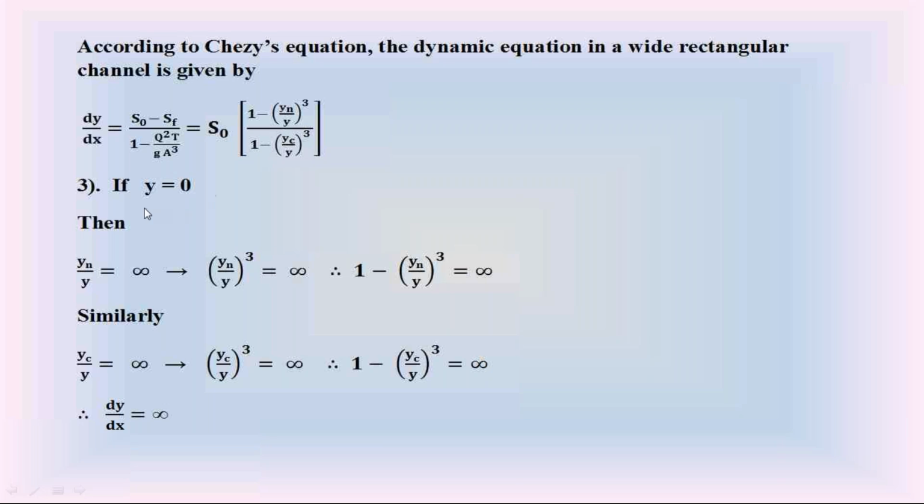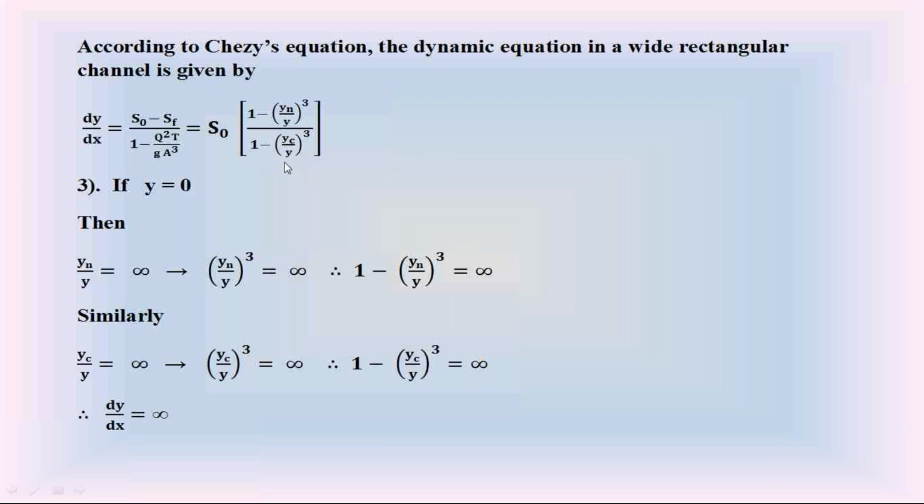Yn may be any value, but the depth of flow y is 0. So yn by 0 is infinity. So (yn by y) whole cube is also infinity, and 1 minus (yn by y) whole cube is also infinity, since 1 minus infinity is infinity.